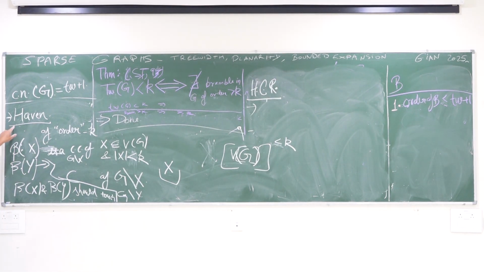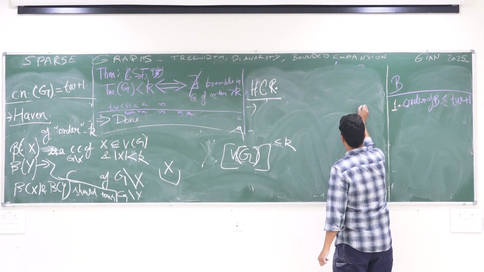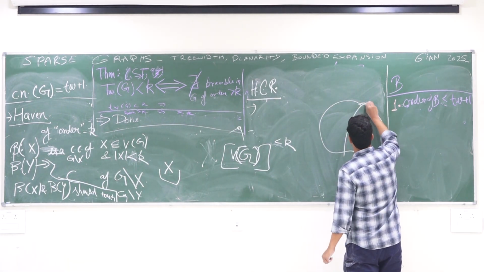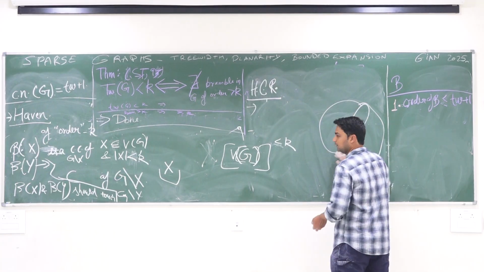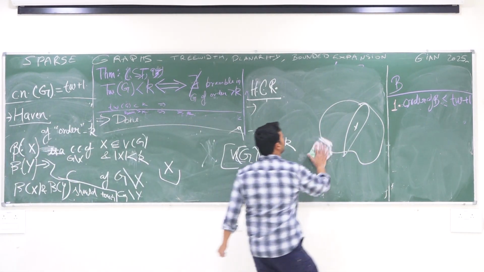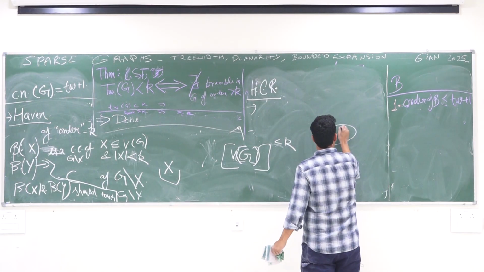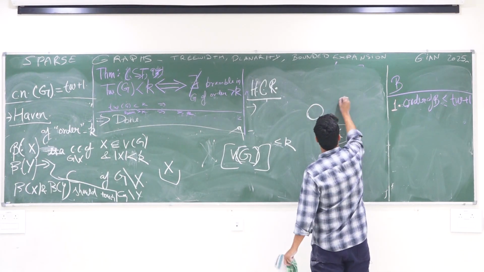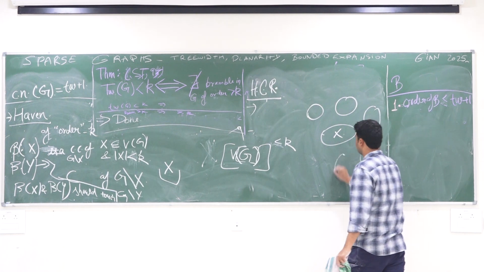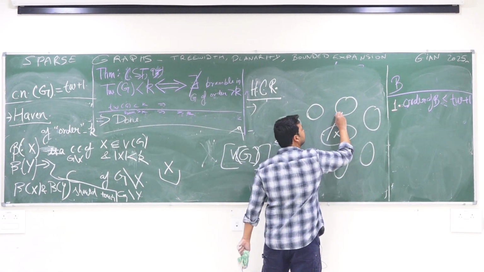Is the definition clear? Let's say you have this G, this is your x, and these are your components of G minus x. Beta maps x to one of these components.